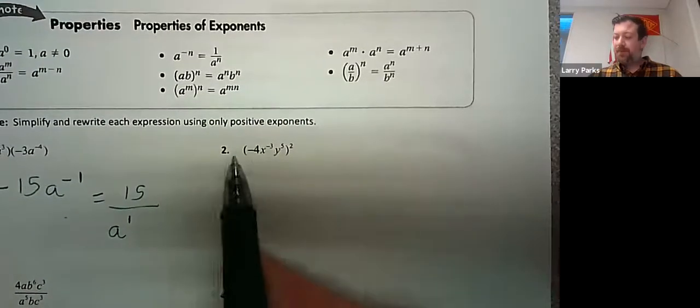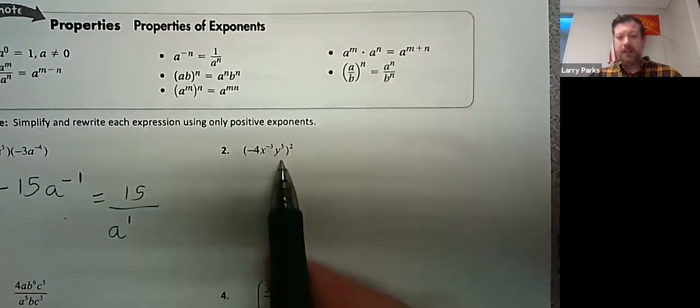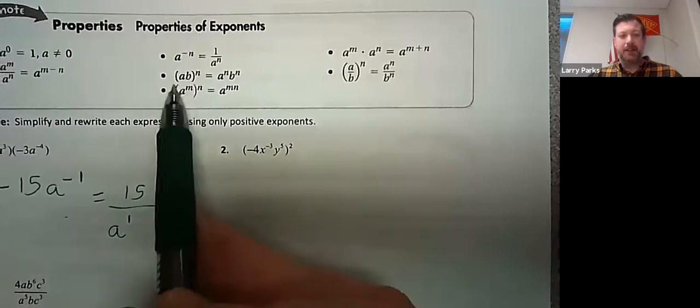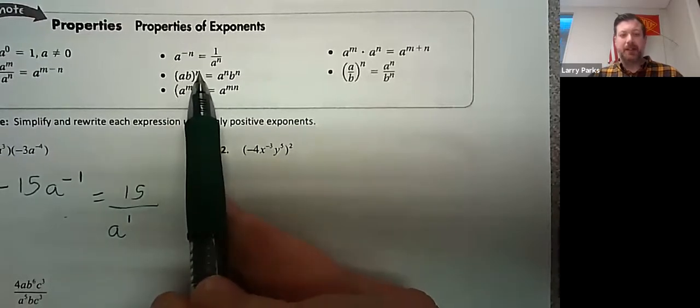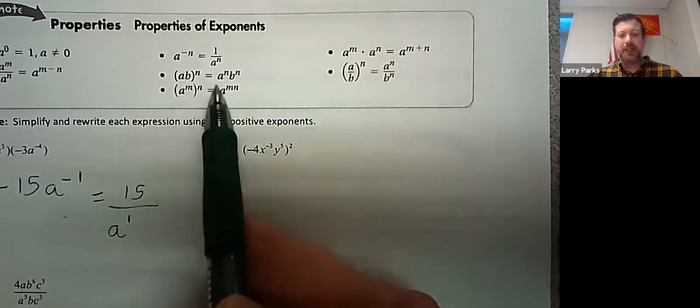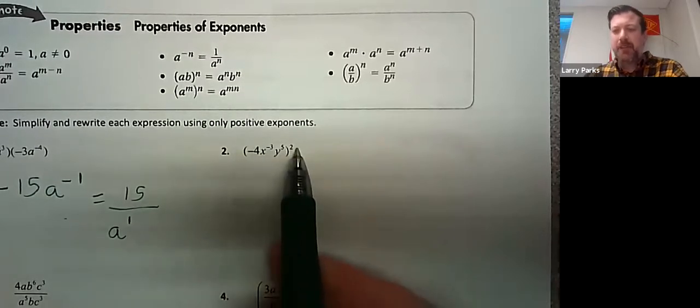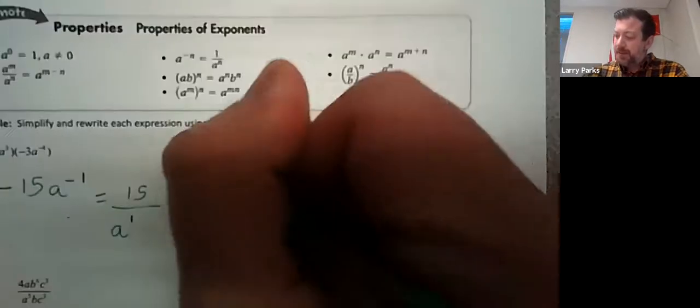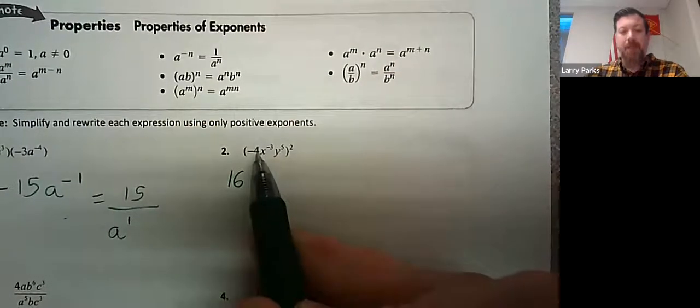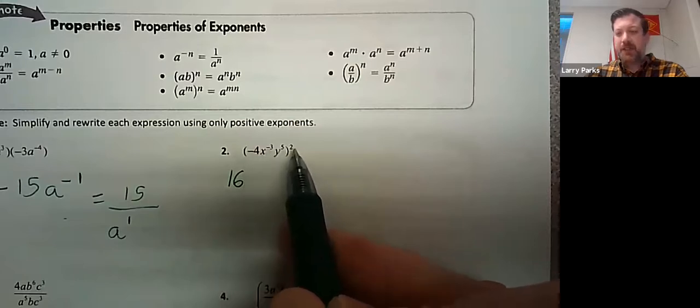Number 2, I have something raised to a power. You take each thing raised to that power. So I'm going to take -4 squared. -4 times -4 is 16. X to the -3 times 2.